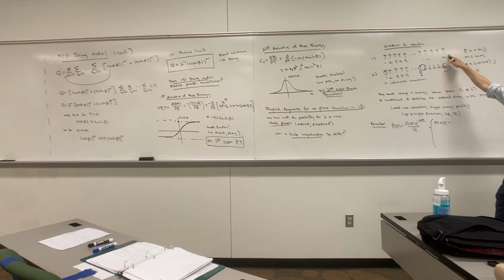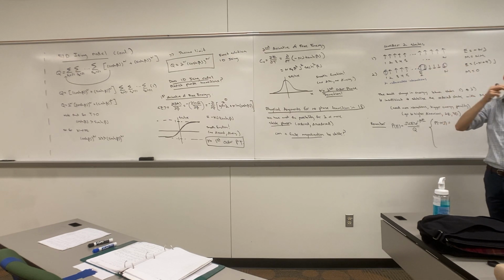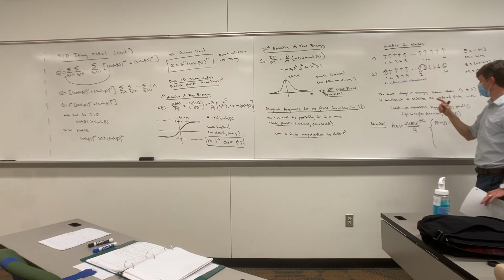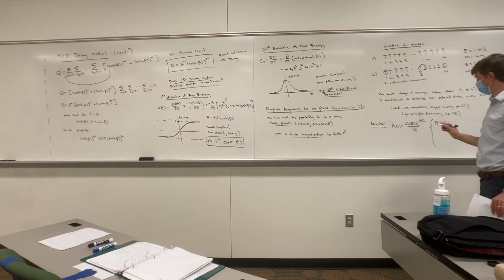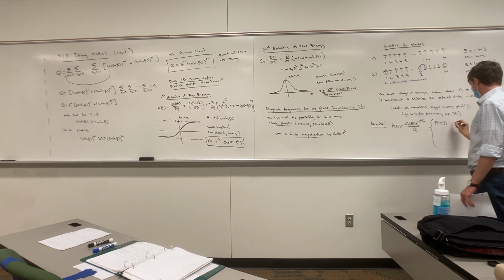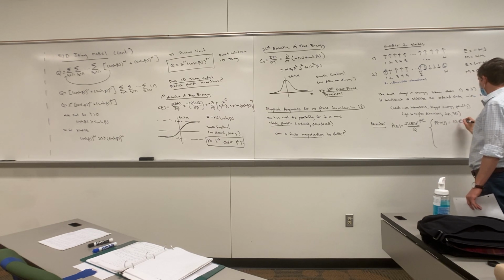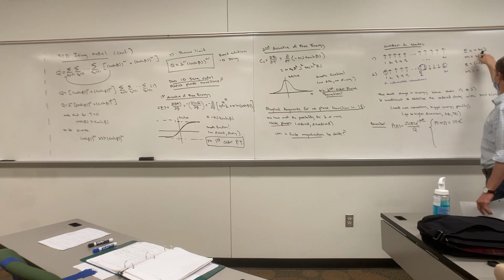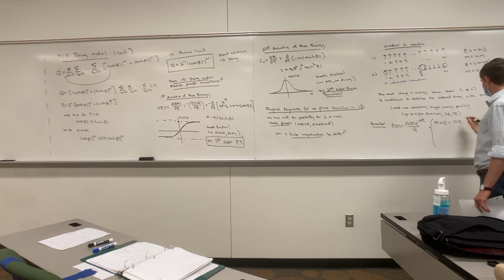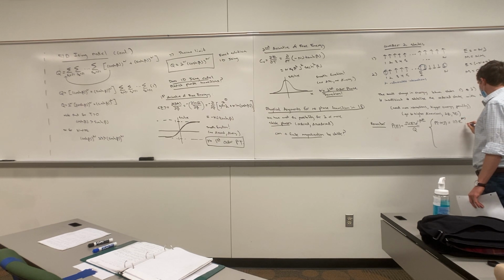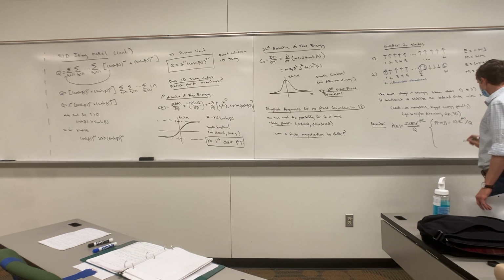For spin up, I only have one state with spin up. There's only one way they all can be spin up. So degeneracy is 1. So we have 1 times e to the minus beta E. E is minus nJ, so I'm just going to write e to the beta nJ over Q. Okay.